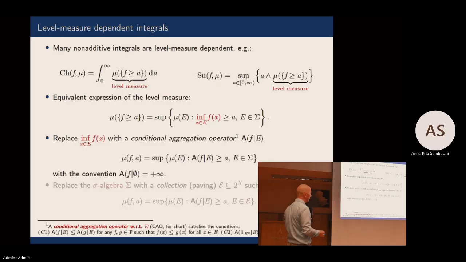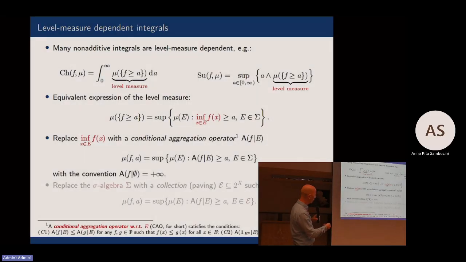And now, since we are mathematicians, we can ask the question, what about replacing the infimum? Why is the infimum so important in this formula? So what about replacing the infimum with something called a conditional aggregation operator? It is something which is related to the set E and satisfies a condition on this set E. If we have two functions which are comparable on this set E, then the aggregation is comparable in the same way.